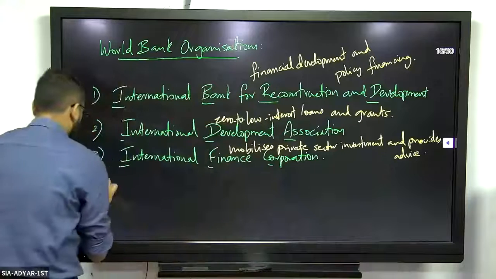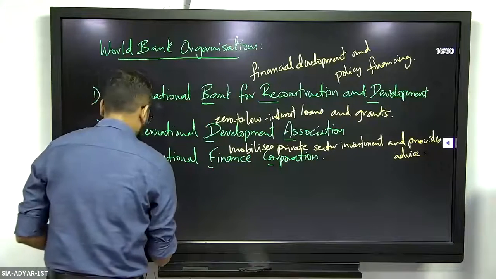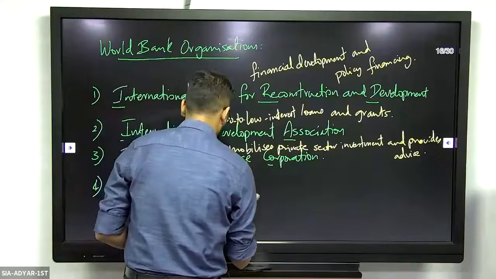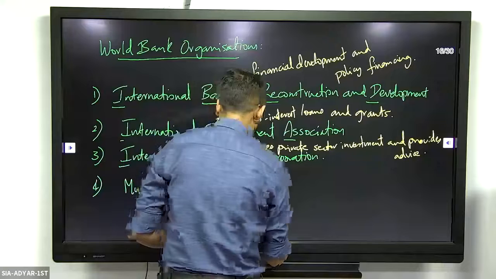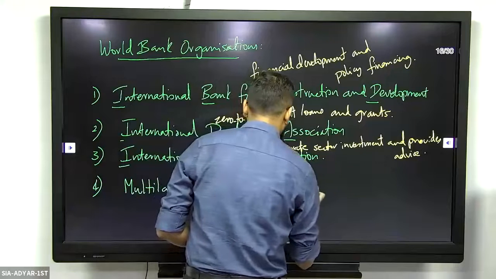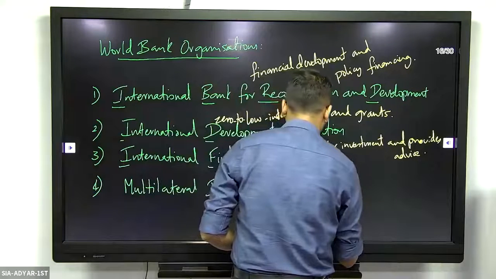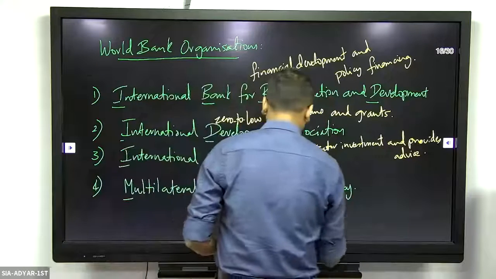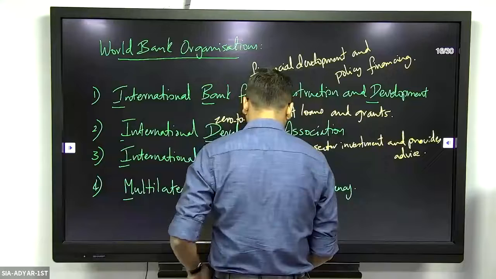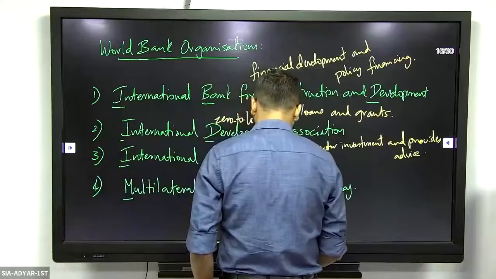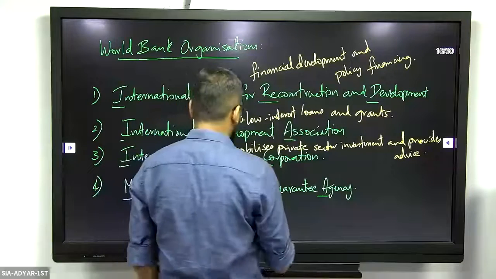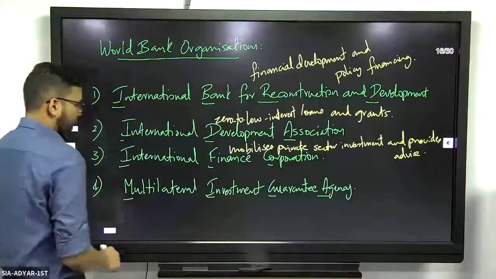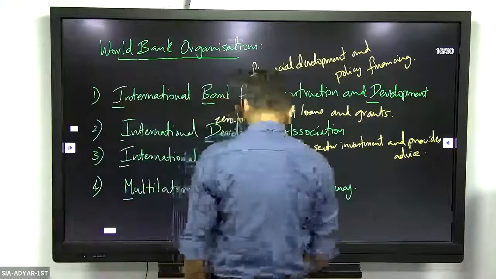That is where there is a fourth organization called Multilateral Investment Guarantee Agency, called MIGA, M-I-G-A, which provides guarantee against political instability.